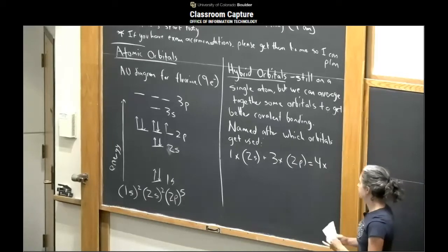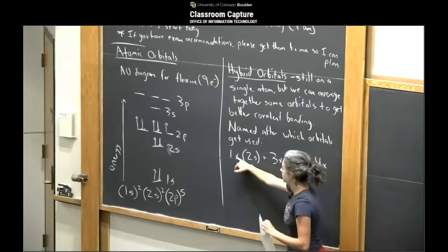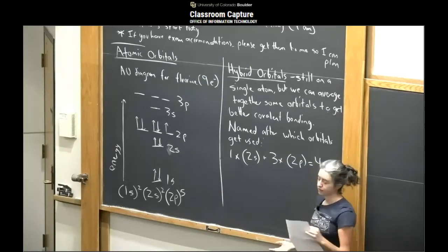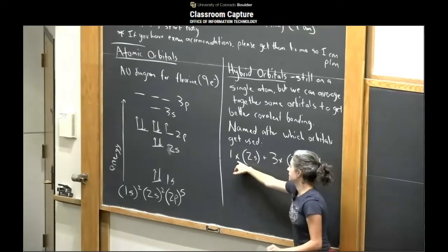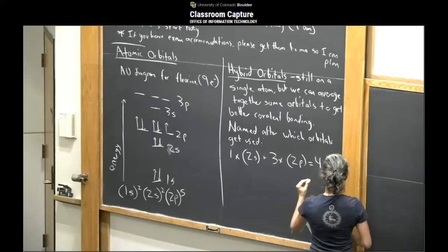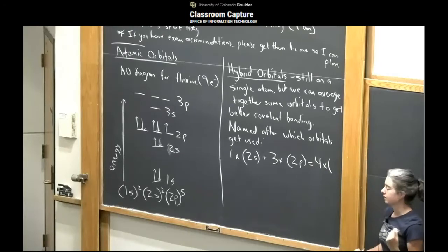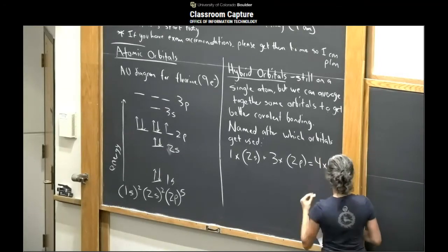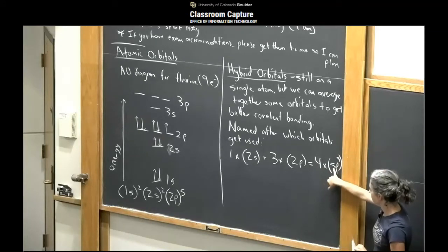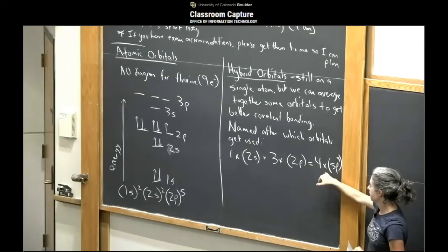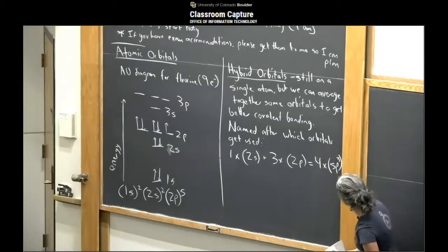This is an important point to mention: the number of orbitals is conserved. 3 orbitals in gives you 3 orbitals out. 4 orbitals in, in this case, gives you 4 out. So we're going to get 4 of some new hybrid orbital, and we're going to call it sp3. We're calling it that because there's a single s orbital and 3 of the p orbitals that we're averaging together to make that happen.